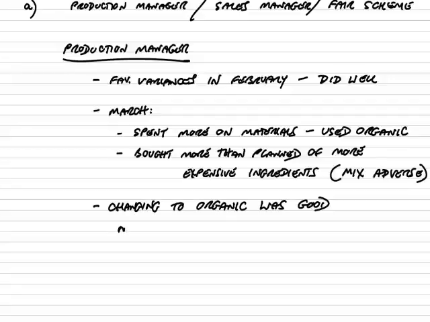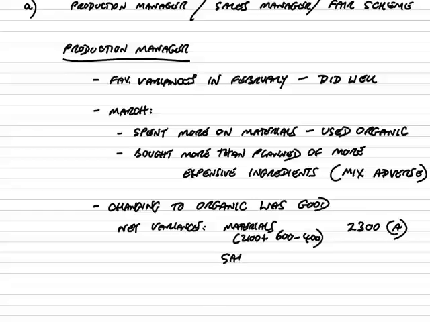Because we've ended up with a net variance of how much? On materials, we did overspend. It was 2,100 adverse, it was 600 adverse, 400 favourable, so 2,300 adverse.